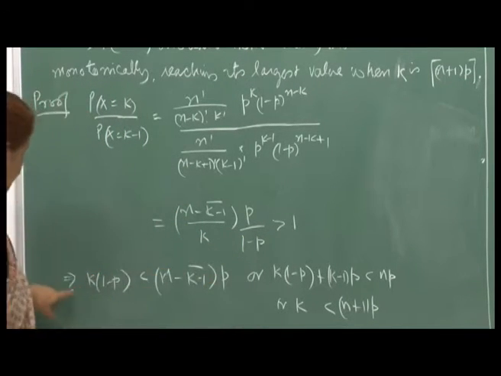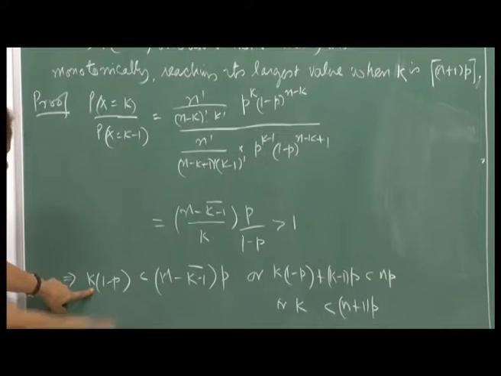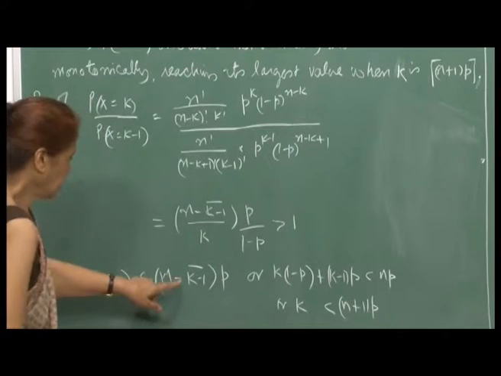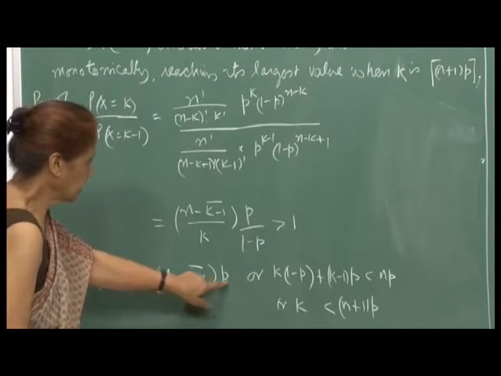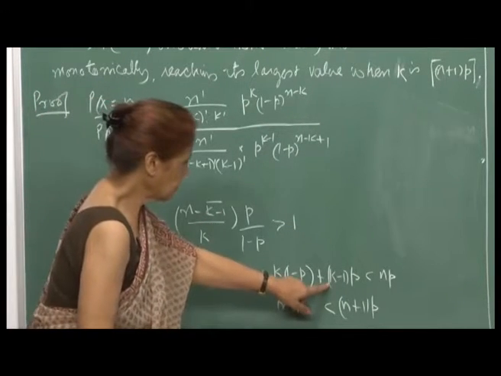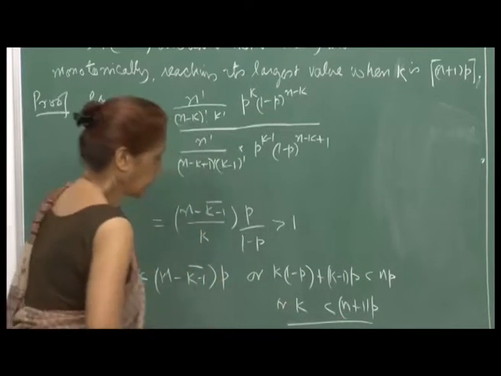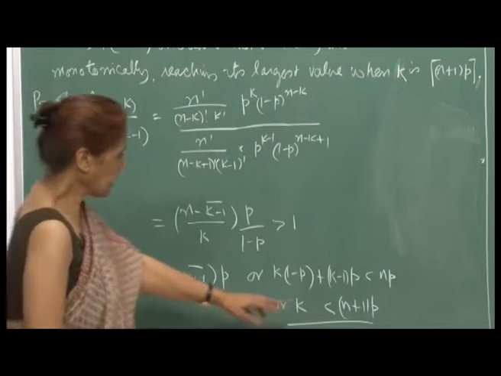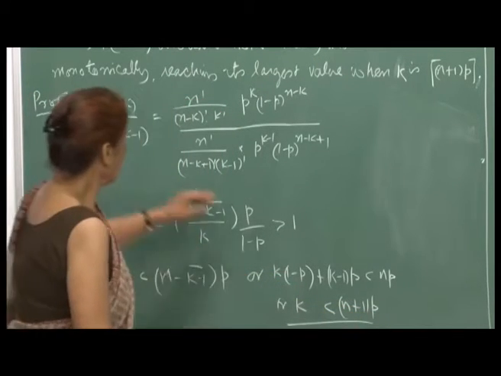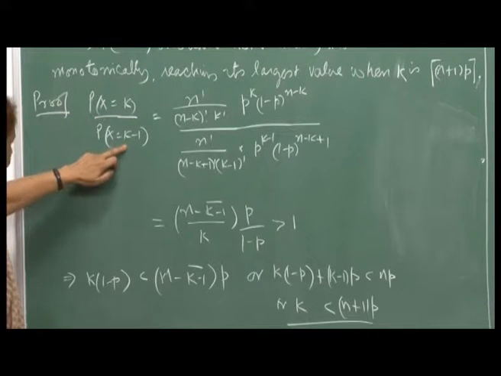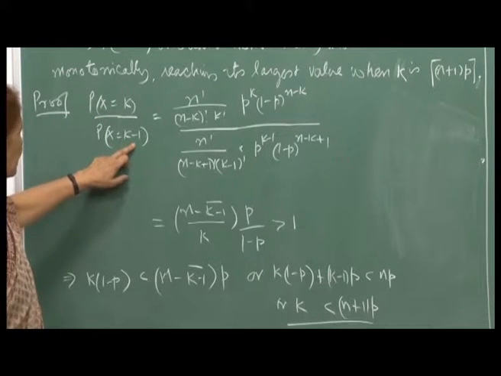If you simplify, this means that k into (1 minus p) should be less than (n minus k plus 1) into p, or k into (1 minus p) plus this is less than n p. So, this gives you this. As long as k is less than (n plus 1) into p, the probabilities increase, because this is probability X equal to k divided by probability X equal to k minus 1.